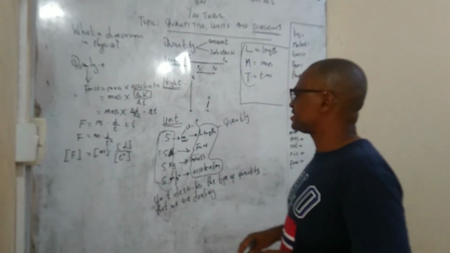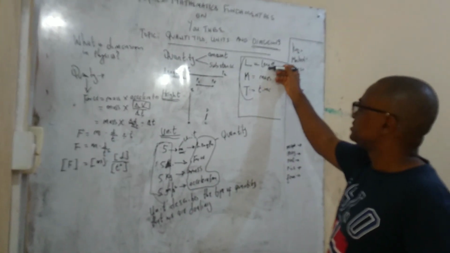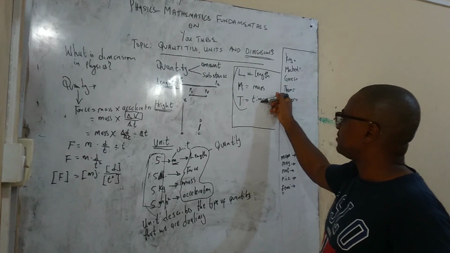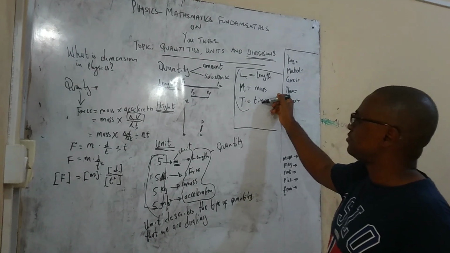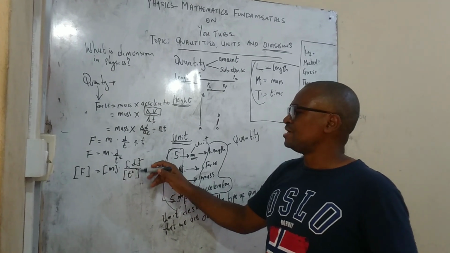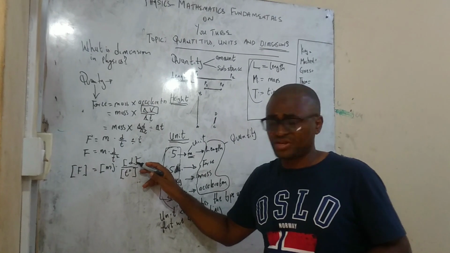Now, like I said, in our dimension, anywhere you see length, we put capital L. Anywhere you see mass, we put capital letter M. Anywhere you see time, we put capital letter T. This particular displacement is more or less a distance in a given direction, and distance is a form of length.